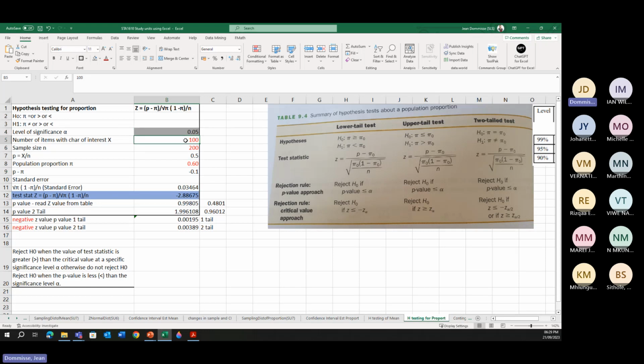We don't know the number, so here we rather populate this one. I'm going to black that out, because we know that it is 0.4, so that it can be used across the board.